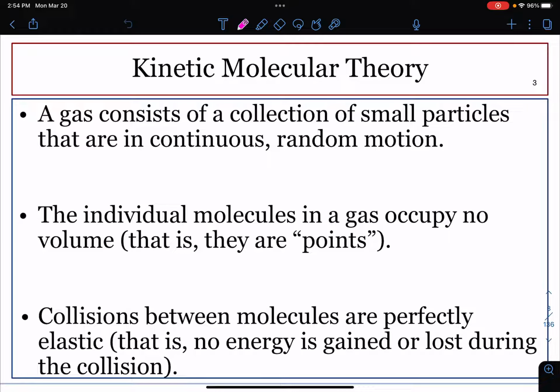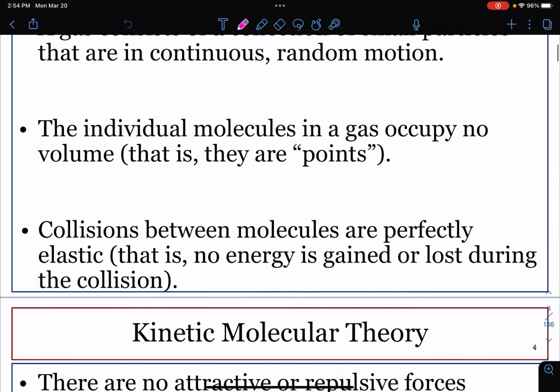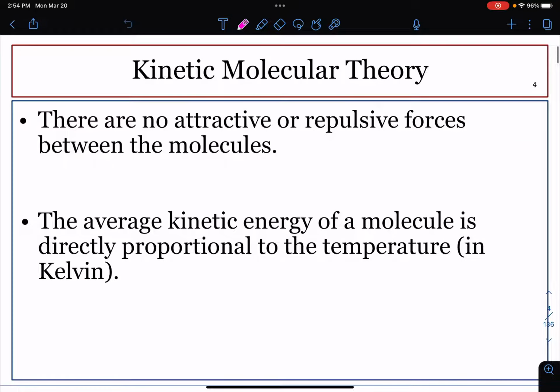In other words, the volume of the container that is containing the gas. The collisions between molecules are perfectly elastic. That means that there's no energy gained or lost during the collision. There are also no attractive forces or repulsive forces between the molecules.